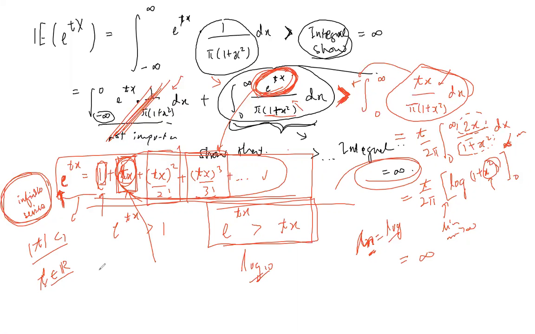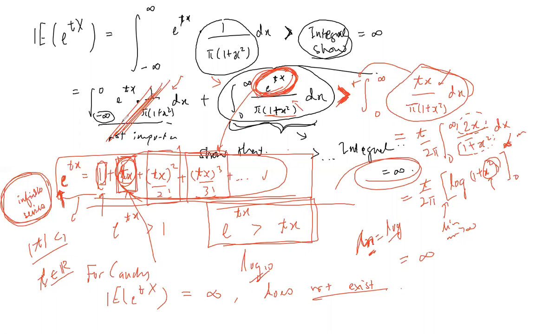All right. So from here we can tell that for the Cauchy, the moment generating function is infinity, right? It does not exist. We cannot give it a finite form. So this means the moment generating function has some kind of limitation.